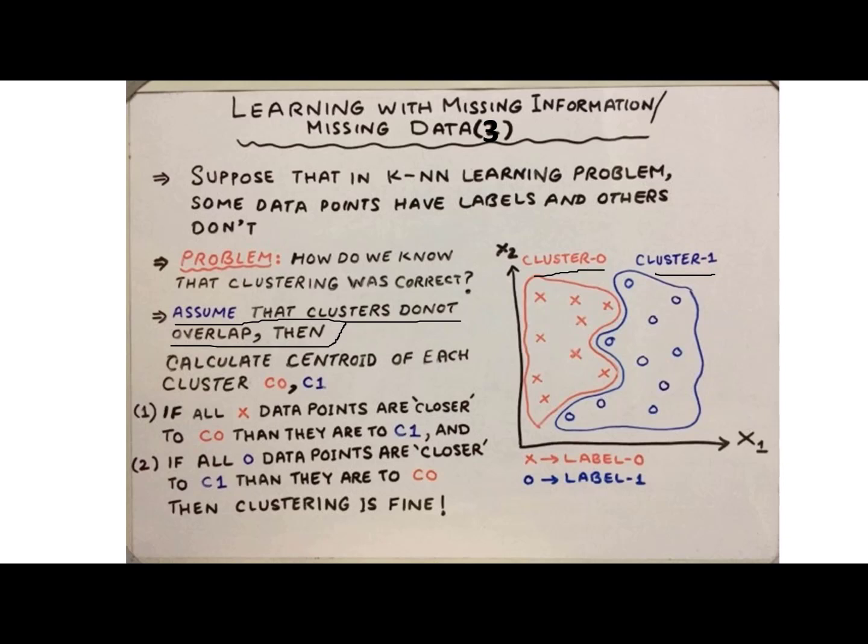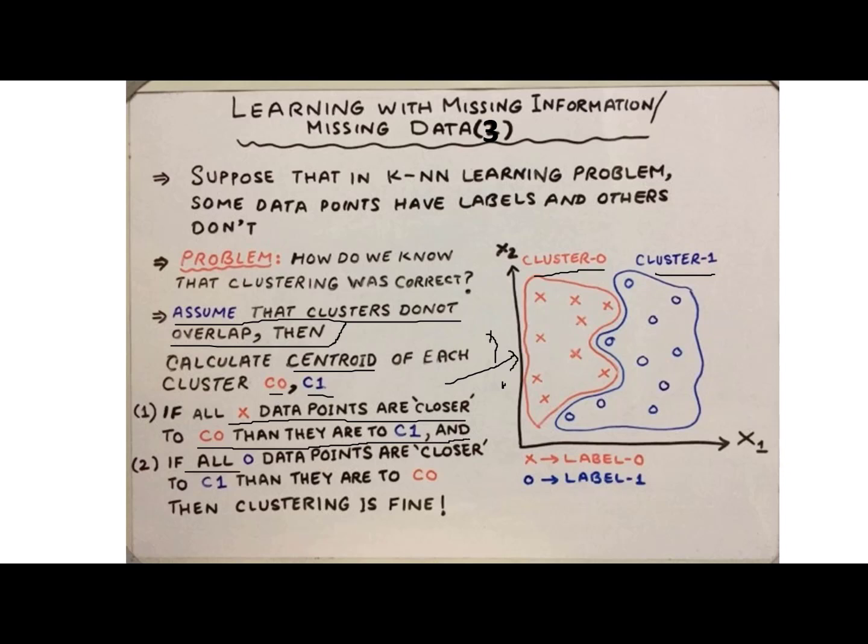Then the question is, how can we ensure that the clustering is correct? So the question is, how can we validate our clusters? For that, we calculate the centroid of each cluster, C0 and C1, the center point or the centroid, and we are going to judge the authenticity of the cluster if all the data points inside the clusters are closer to the centroid of that cluster than they are to the centroid of the other cluster.